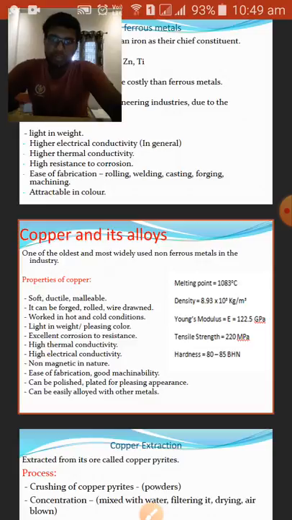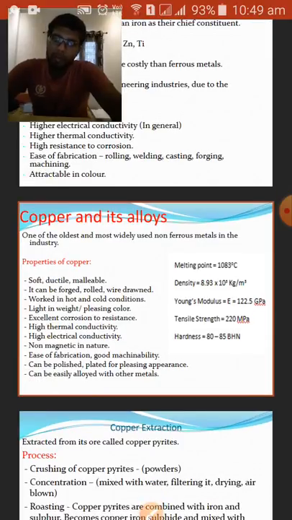Human beings used copper as their main metal. They used to cook in, eat in, and drink water from copper vessels. So copper was a very important part of human life in the ancient time.